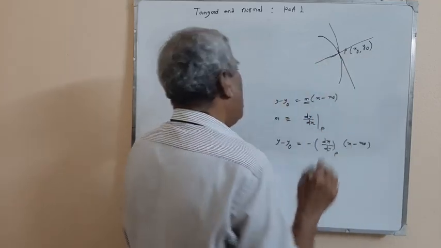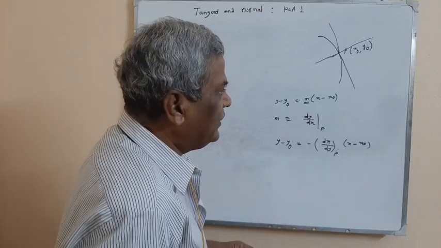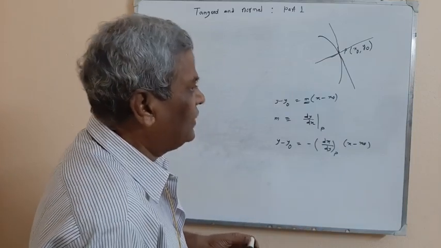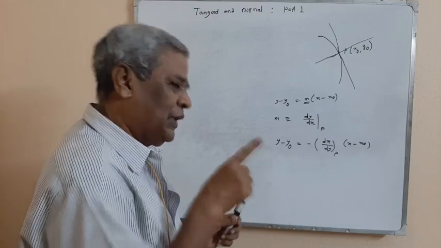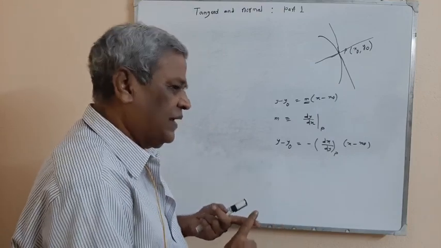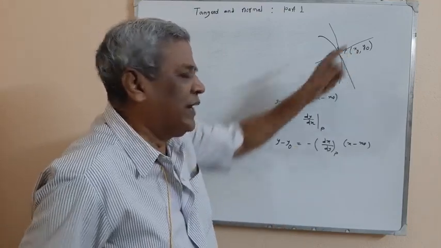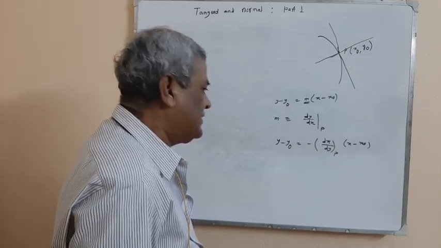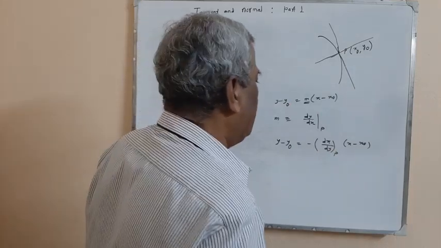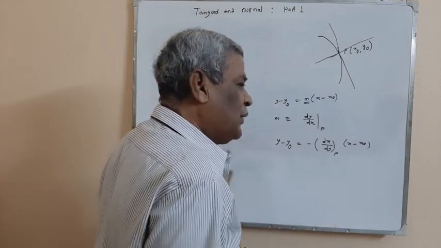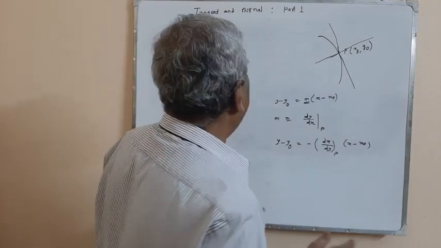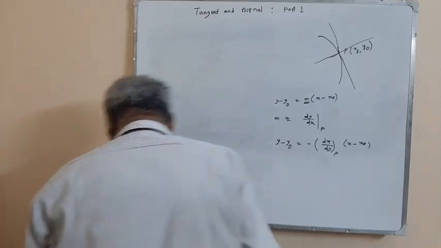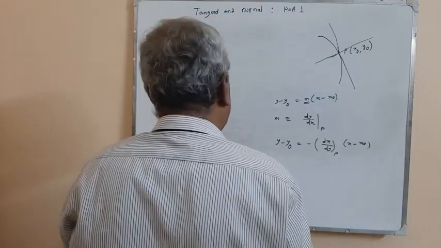And the gradient of the straight line should be known to us. For the tangent, it is simply dy/dx at that point. For the normal, it is minus dx/dy at that point P. So very easily we can find the tangent and normal of a curve if the point and the curve are given.